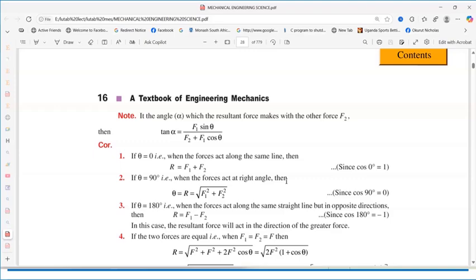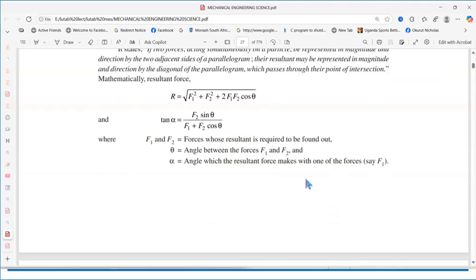So if you have F1 plus F2 cos theta being at the bottom, that means this resultant makes an angle alpha with F1.